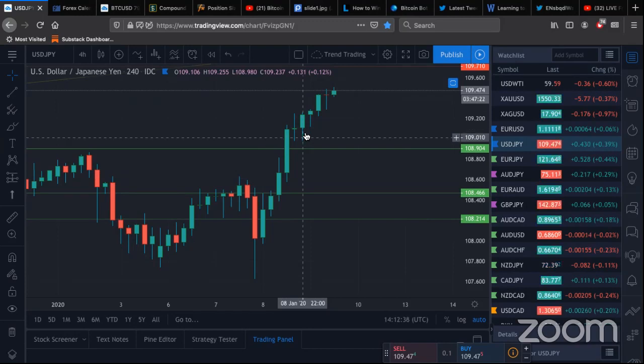Price was trading back down somewhere around here, I'm not exactly sure where. This was about 11 o'clock p.m. Eastern time, and right before I went to bed, I set these orders. I looked at the Australian dollar Japanese yen, the pound Japanese yen, and the US dollar Japanese yen. And here price was off a little bit.